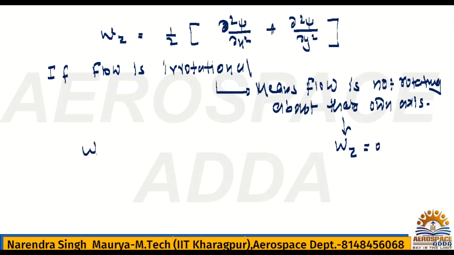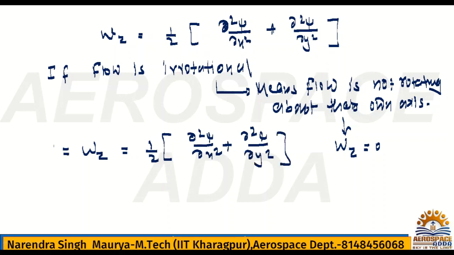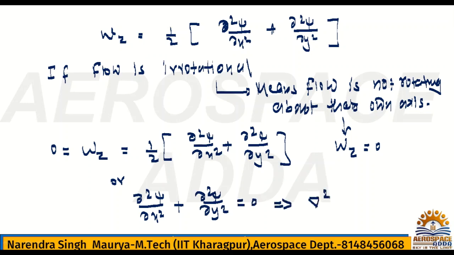So I must say 1 by 2 times this value will be 0, and 1 by 2 will also go to 0, so this is the Laplace equation.